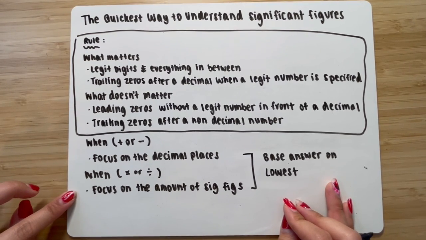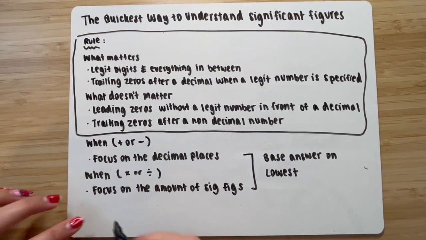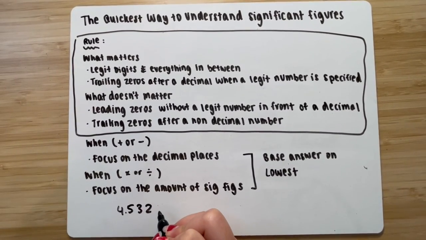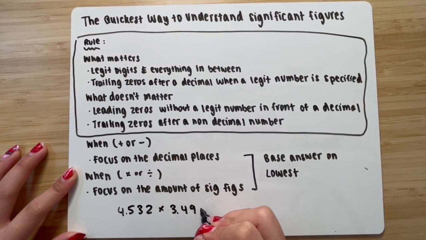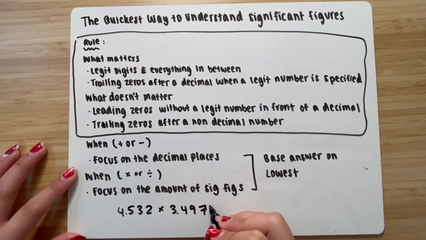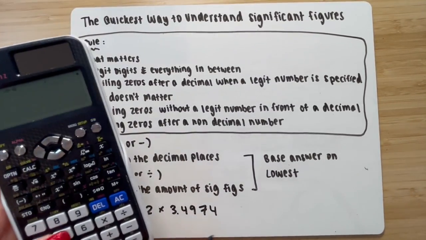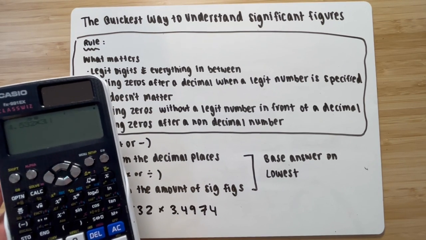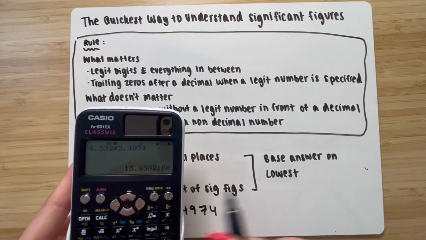When multiplying and dividing, focus on the amount of sig figs. All right, so for example, 4.532 multiplied by 3.497. Let's see what we have. 4.532 multiplied by 3.497, we have 15 point yada yada yada.